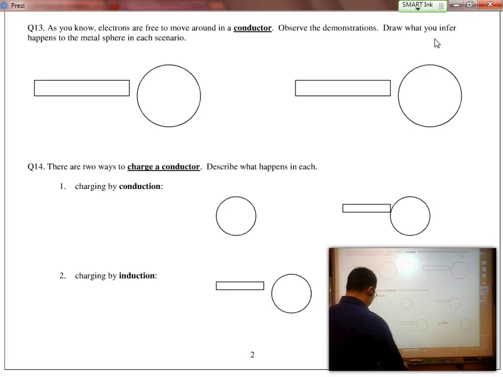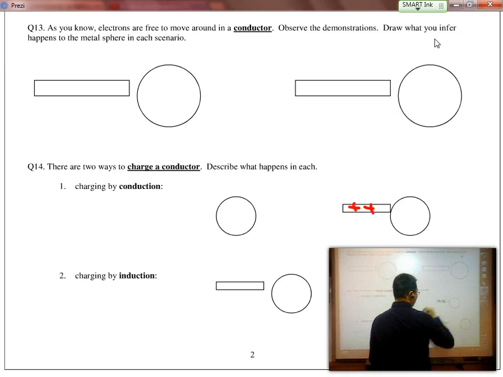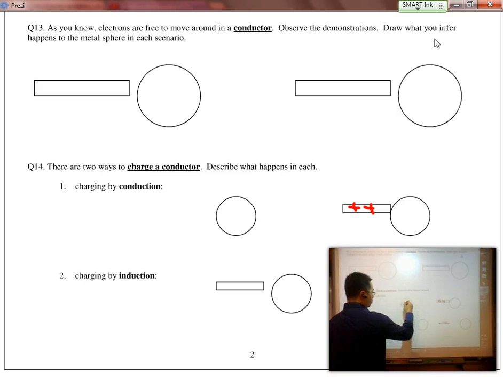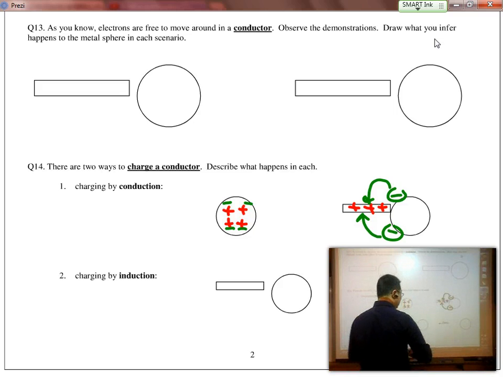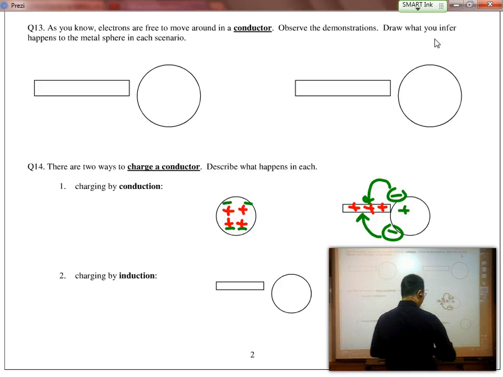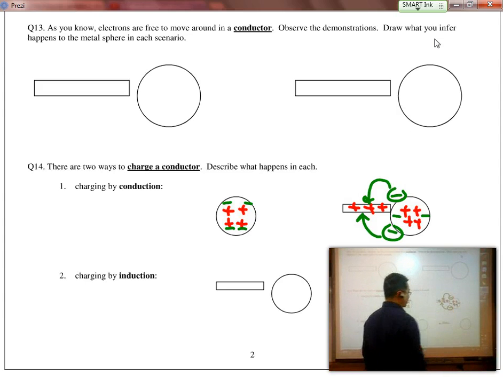So we saw conduction, where if you touch a positively charged object to a neutral object, some of those electrons are going to jump off onto the positive rod, thereby leaving that neutral object with more protons than electrons.